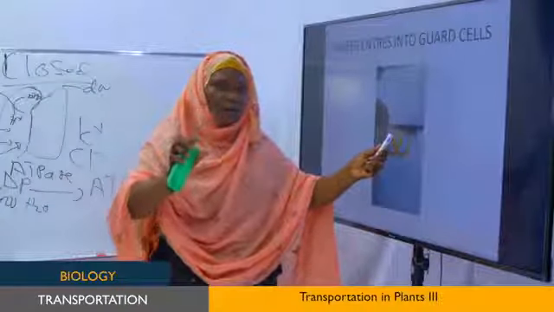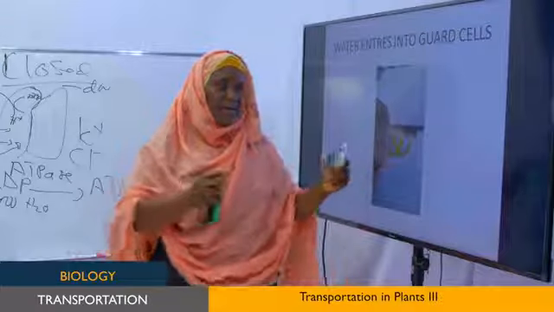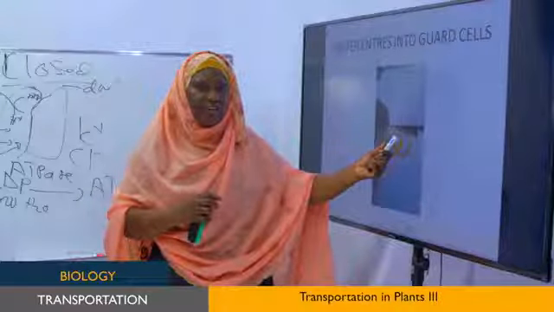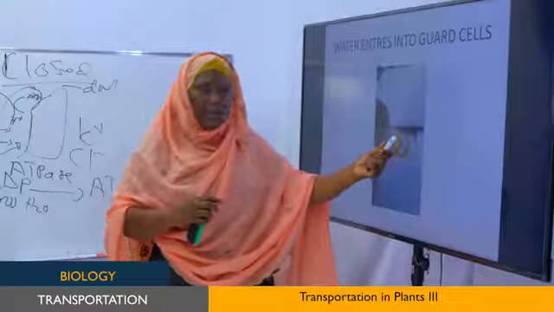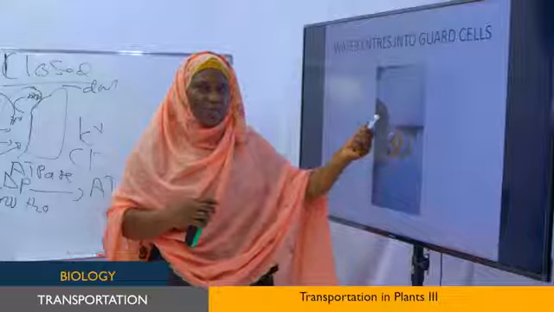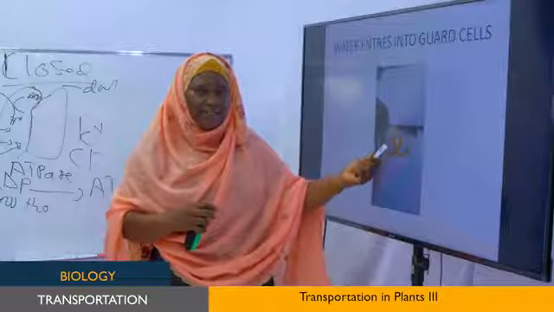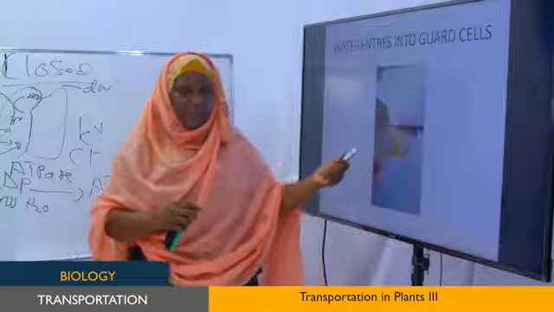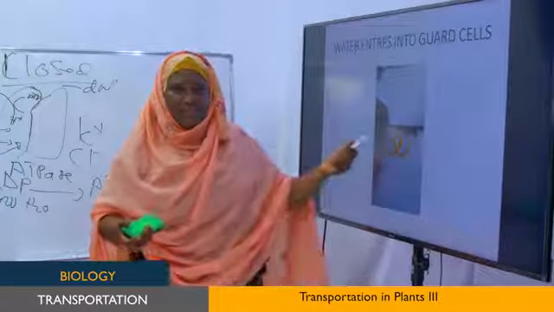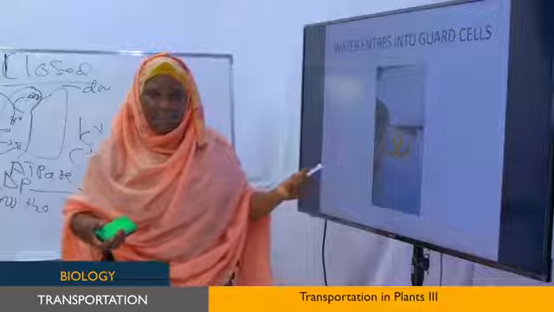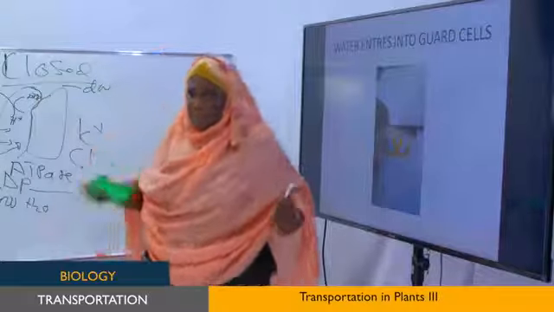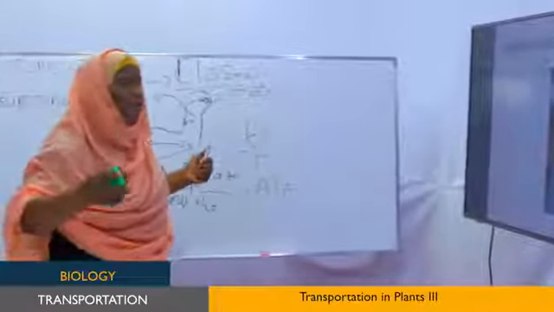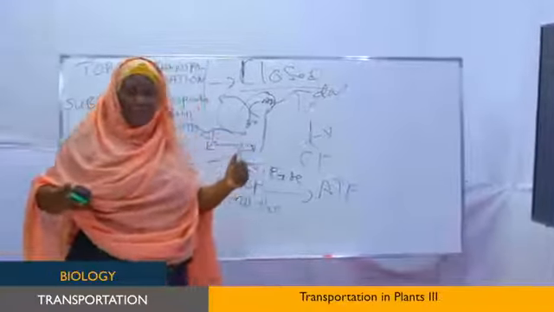That is why the guard cell bends outward, creating the aperture here, which is the stoma, and at that time we say that the stoma is open. I think you have gotten something from there. Up to there, we are through with that question.